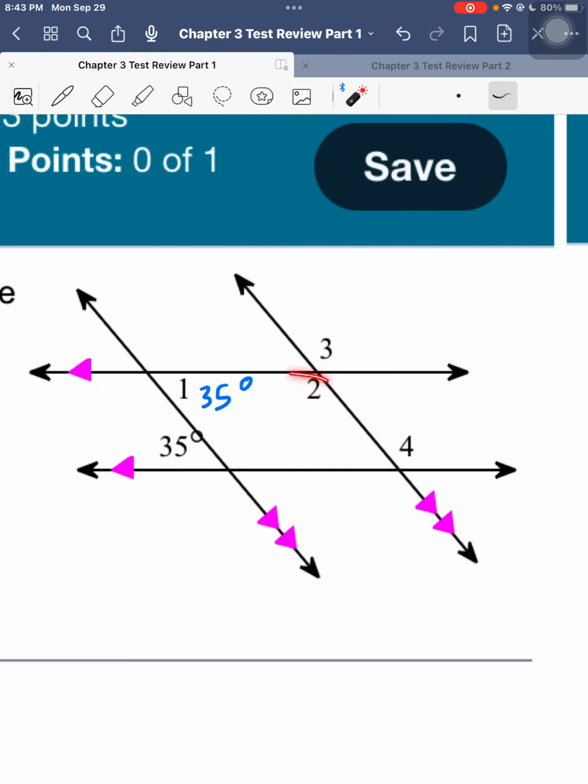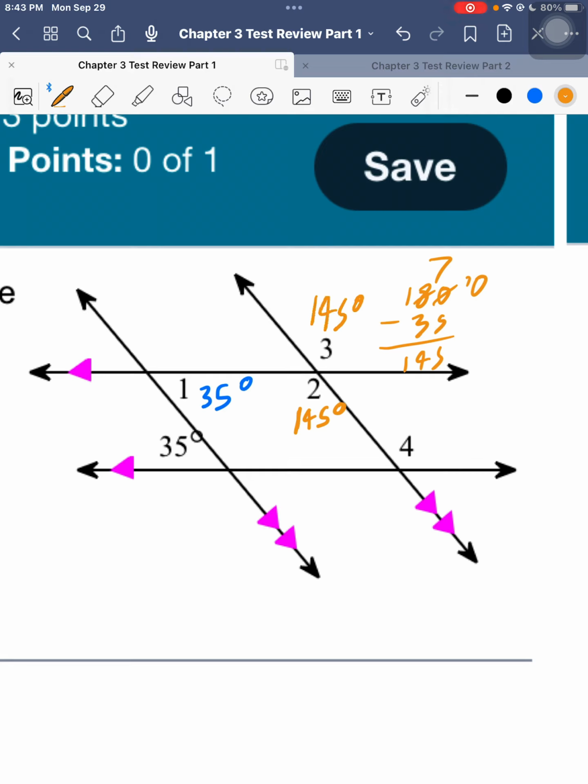Oh yeah, so now we can find out the measure of angle 2 because angle 1 and angle 2 are just what? Same side interior angles. And if I have parallel lines, the same side interior angles are supplementary. So this is 180 minus 35, which is what? 145.